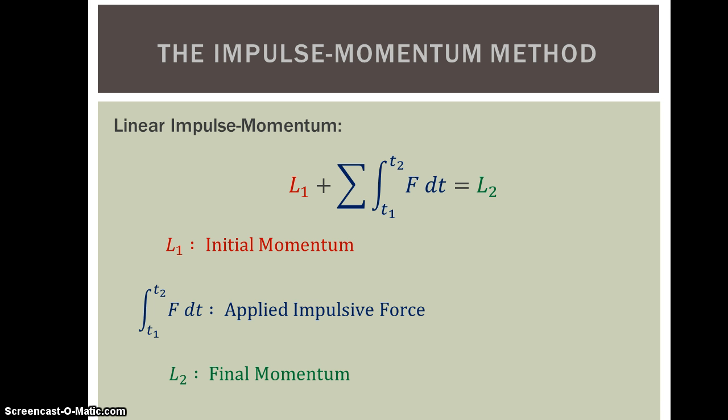So we use the impulse momentum method for both linear and angular. The linear impulse momentum, just to review, is basically the initial momentum plus some applied impulsive force term that encapsulates applied forces, to end up with a final momentum.